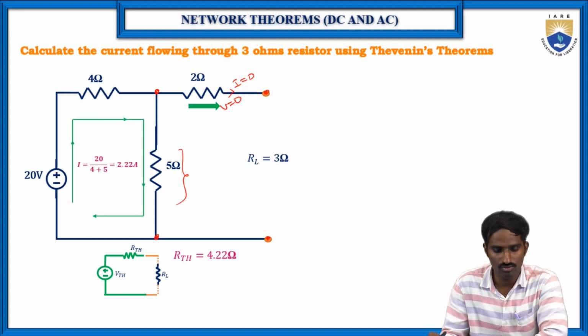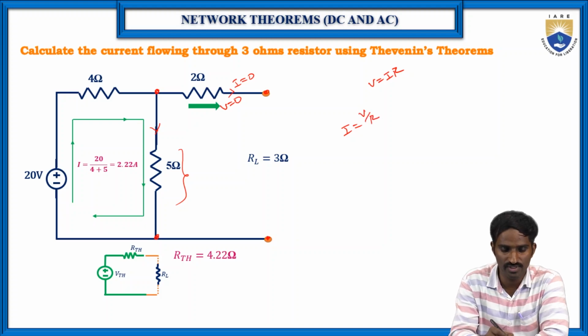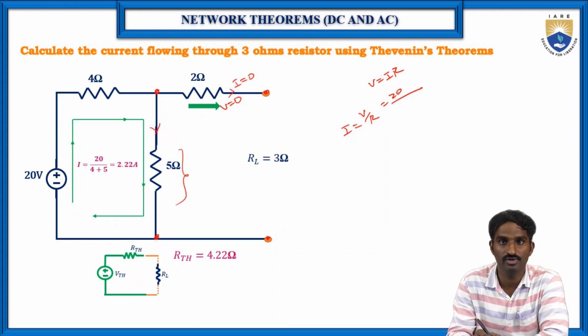As you know, V is equal to I into R. So if we know the current flowing through this 5 ohms resistor, then we can find the voltage across it. To find the current flowing through the 5 ohms resistor, simply apply Ohm's law: I is equal to V by R. We know V is 20 volts and R is 4 plus 5, because 4 and 5 are in series.